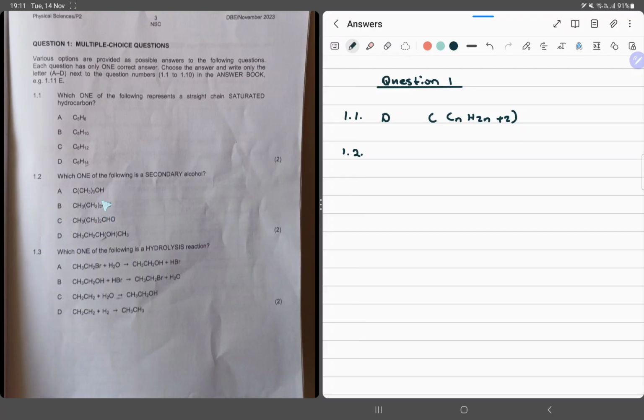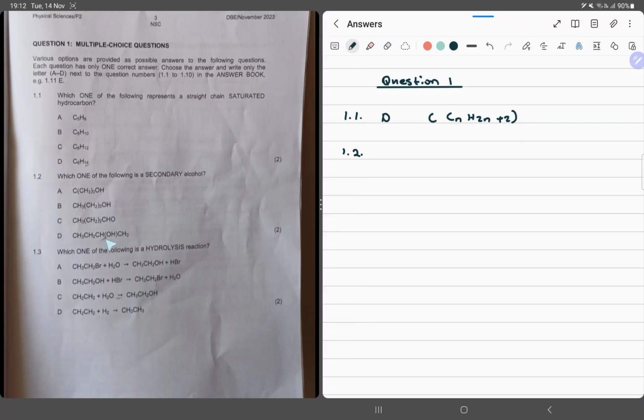Okay, essentially this OH is on the last carbon, or you could call it the first carbon. So this is essentially a primary alcohol. And if we look at this one, it ends with a CHO, so this is an aldehyde. So it's just a dummy there. Then we follow this one: CH3, CH2, then there's a CH, followed by an OH.